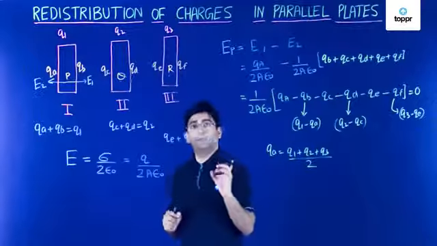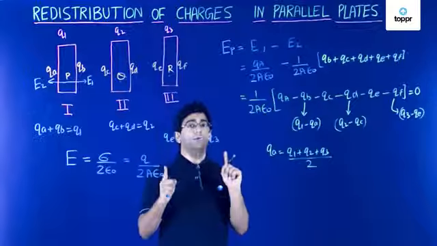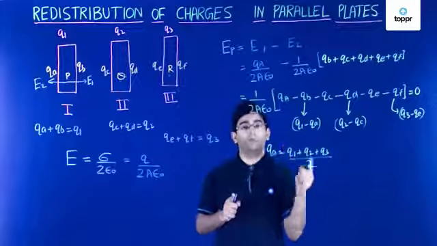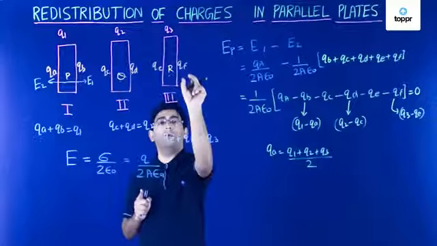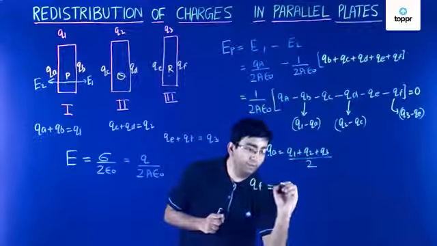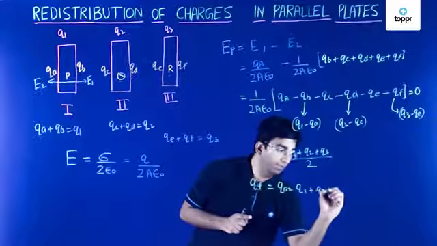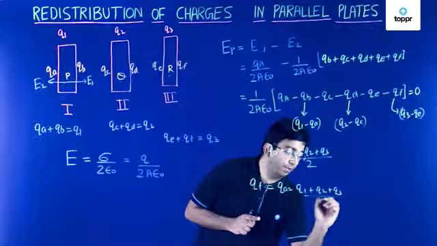Now similarly, if we consider the point R and find out the electric field at the point R due to all the charges and put that equal to 0, we would get the value of QF. And interestingly, the value of QF is exactly equal to QA, which is equal to Q1 plus Q2 plus Q3 divided by 2.